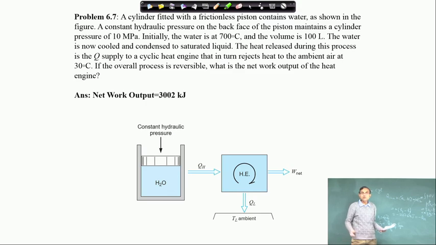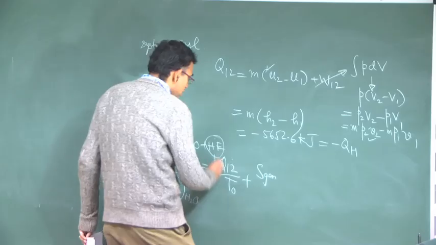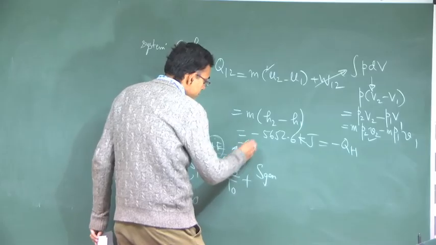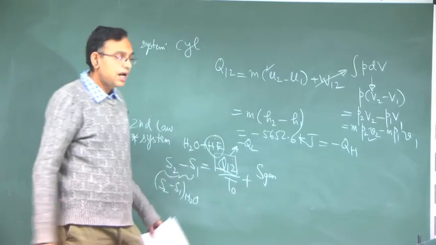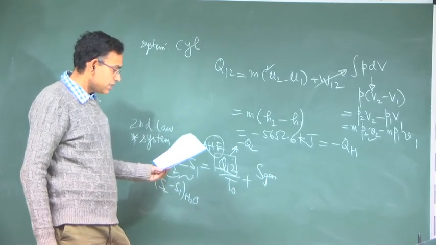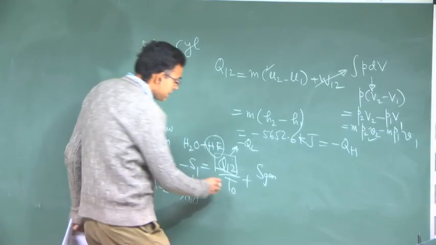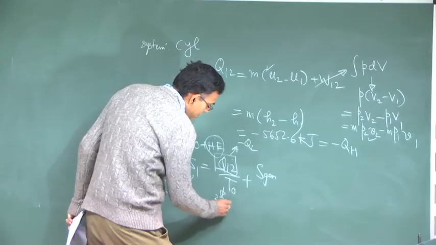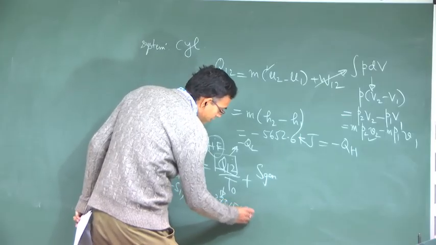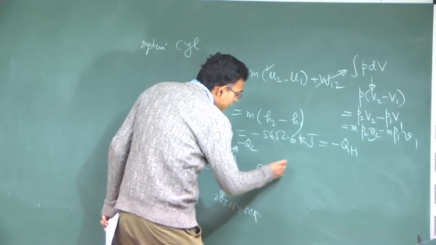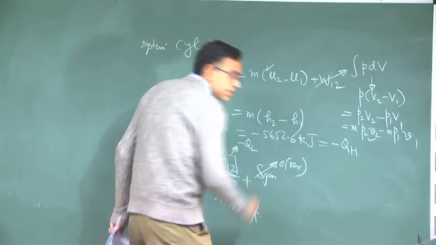Water and heat engine together, net heat transfer is minus QL, and T0 is the temperature of the ambient air, which is 30 degree centigrade, that is 273.15 plus 30 Kelvin. Entropy generation is 0 because the overall process is reversible.